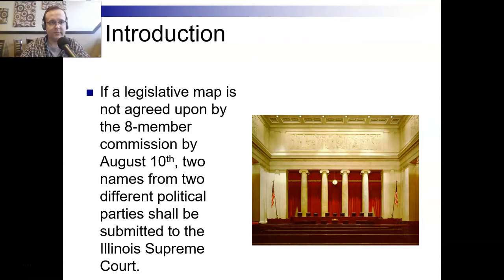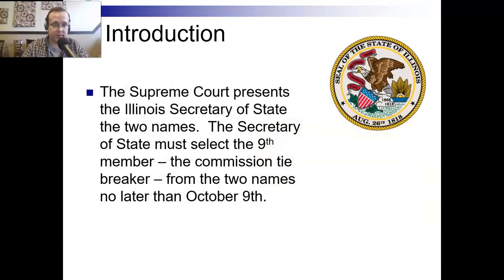When a legislative map is not agreed upon by the 8-member commission, 2 names from 2 different political parties will be submitted to the Illinois Supreme Court. Now, what the Illinois Supreme Court does is present the Illinois Secretary of State with the two names.